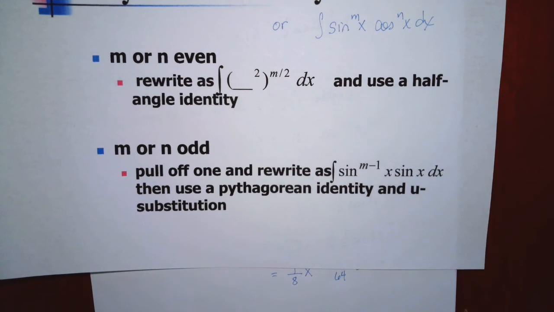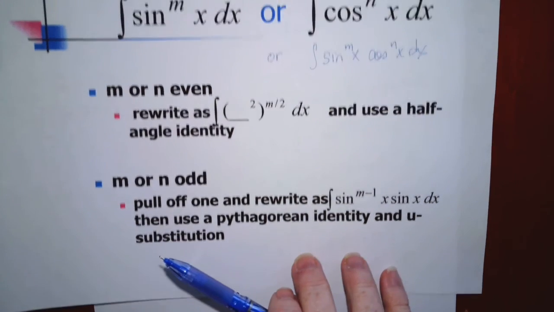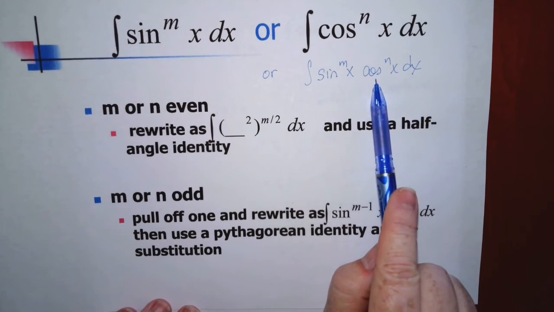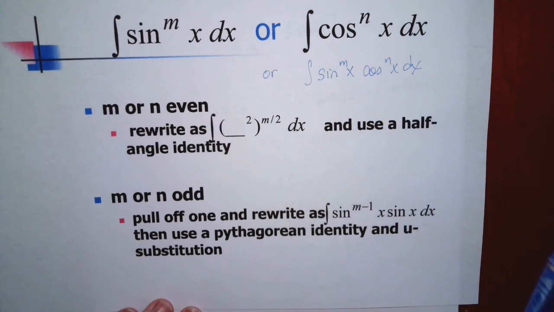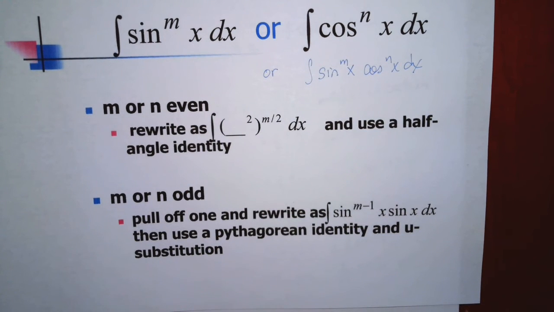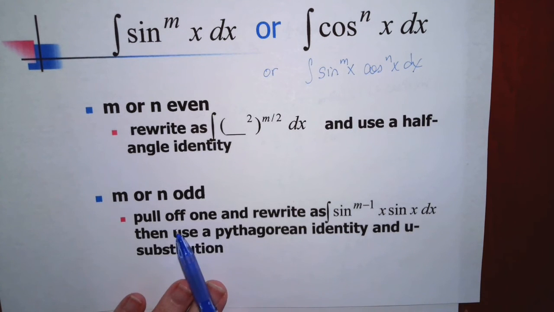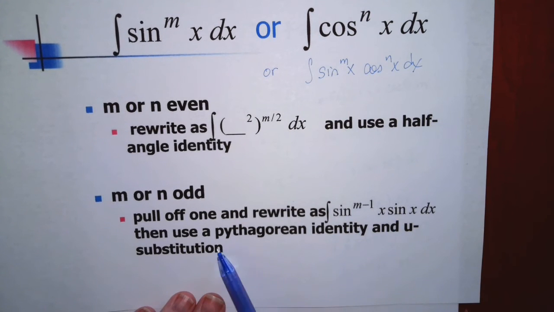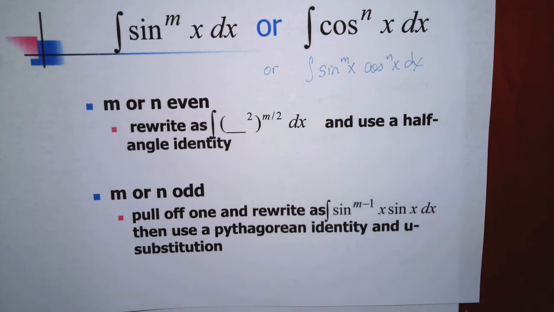What if, have I given y'all a chance to look this over? This is just what I've been saying. If you have sine to a power times cosine to a power, or it could be just cosine to a power or just sine to a power. If those are positive integer powers, if one of them is odd, pull off one of those trig functions and use the Pythagorean identity and use substitution to rewrite the rest.